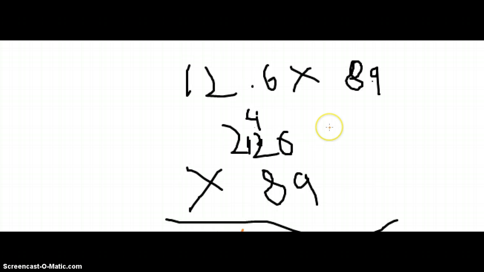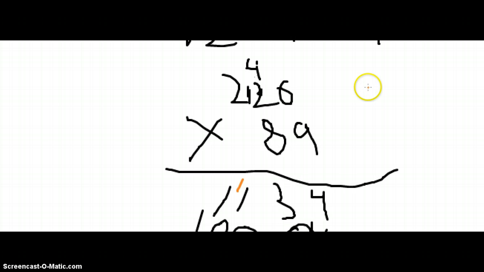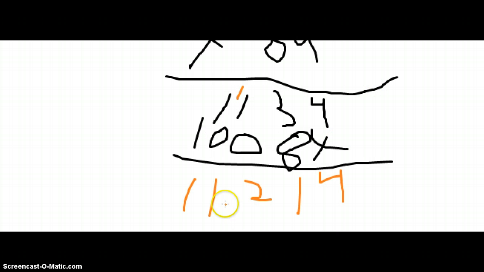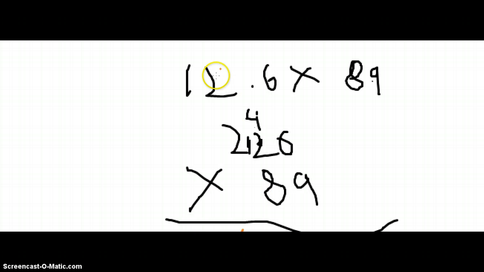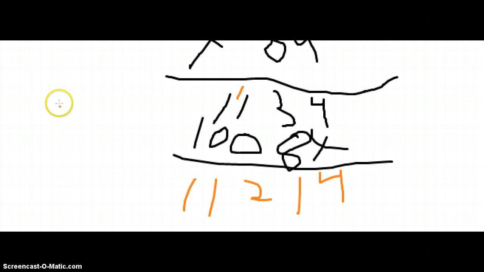So now to get that decimal, as I told you, count the number of places behind it and get the answer, 112.14. Or, as I told you, we could just get 12. And here, let me give them the answer: 1, 1, 2, 1, and 4.